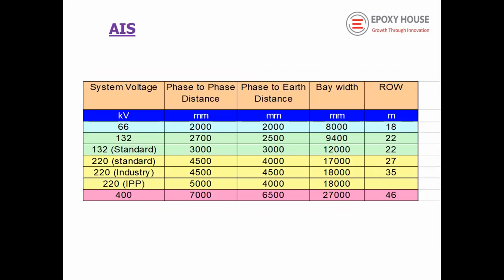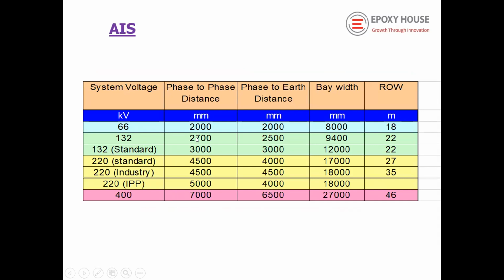To understand the clearances for the various voltage ratings, for 66 kV the face-to-face clearance is about 2 meter, and hence the right of way required is about 18 meter in total, and for 132 kV the face-to-face distance is about 2.7 meter.